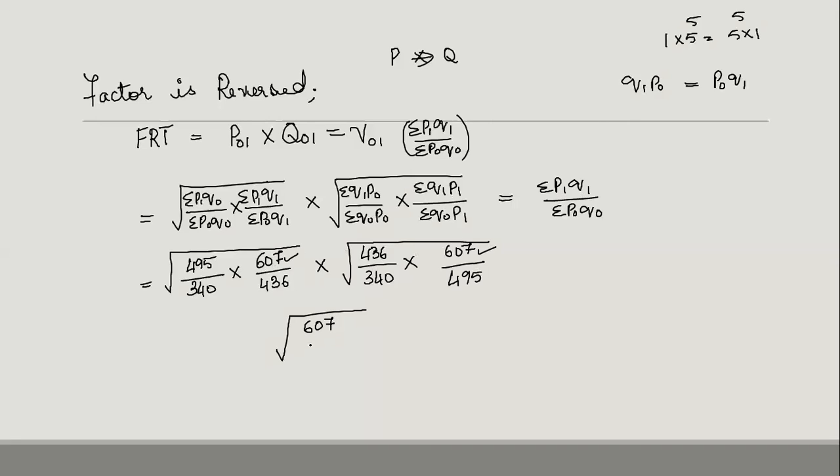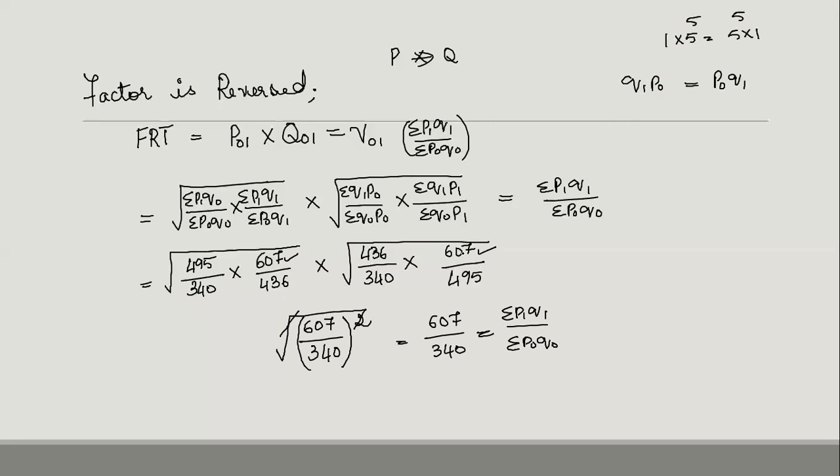Divided by, in the denominator also take 340 as common. So 340, and it is square. So we have to put it as a square. Now we have to cancel the square and the square. That is equal to 607 divided by 340, which is equal to summation P1 Q1 divided by summation P0 Q0.